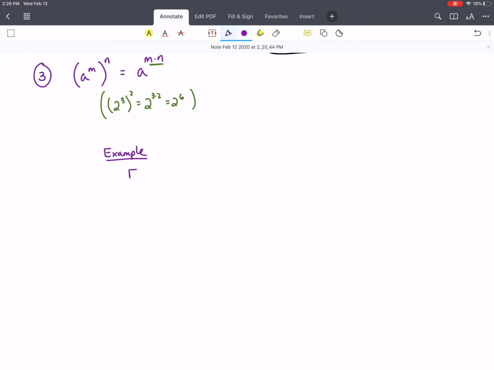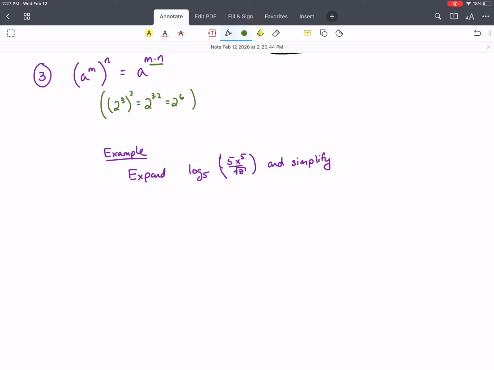So one example, you might be asked to expand something like log base 5 of 5x to the 5th over square root of z, and simplify. When it says expand, it's essentially saying use the log rules to break this up.